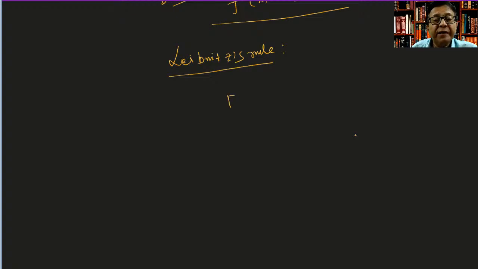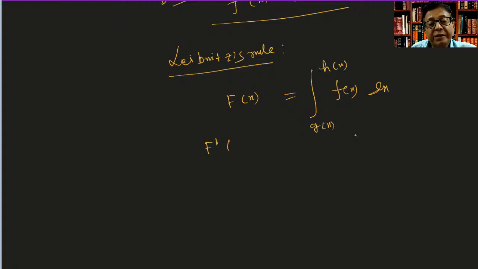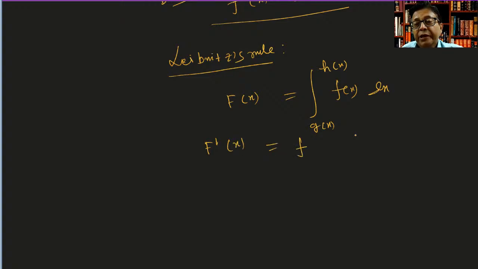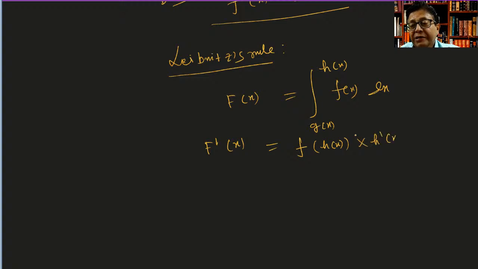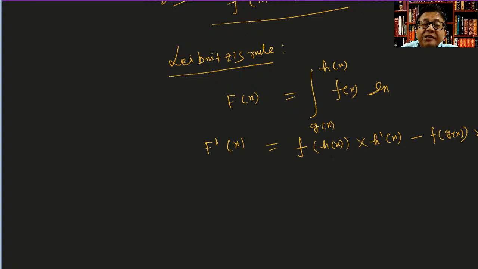If there is a function f(x) which is given by the integration of f(t) dt with two variable limits, say g(x) and h(x), then the derivative of F(x), the left hand side, F'(x), will be f of h(x), plugging this function into f, multiplied by its derivative h'(x), minus f of g(x), plugging this function into f, multiplied by the derivative of g(x). So this is Leibniz rule.